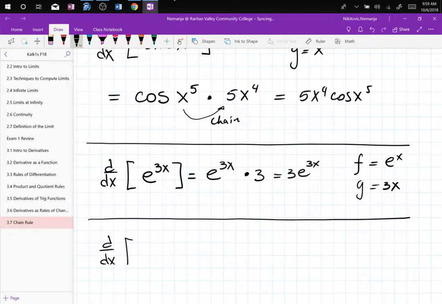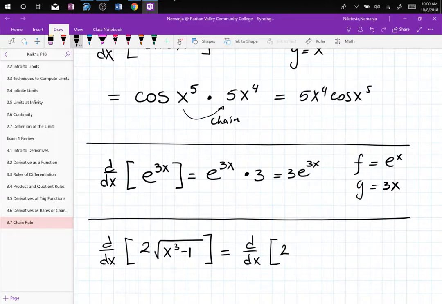The derivative of 2 square root of x cubed minus 1. Well, we can rewrite this as 2 times x cubed minus 1 raised to the 1/2 power.